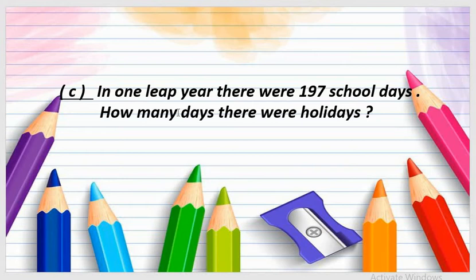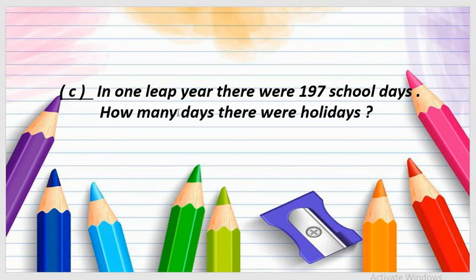So in a leap year there are 366 days, called a leap year. 366 days is equal to 1 leap year. And when does a leap year come?